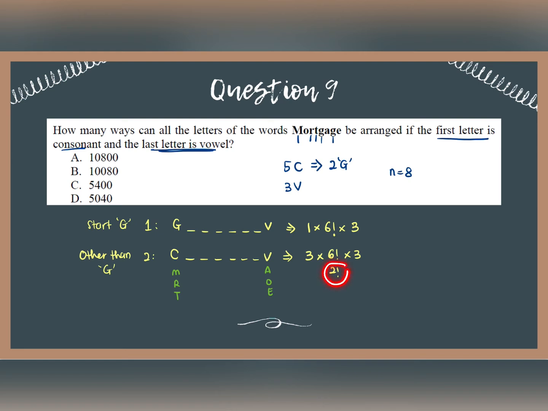So 2 factorial ni sebab huruf G. Okay. So apa kita akan buat dengan ini dua? Kita akan tambahkan mereka. So the total here will be plus dengan, so I get 5,400.